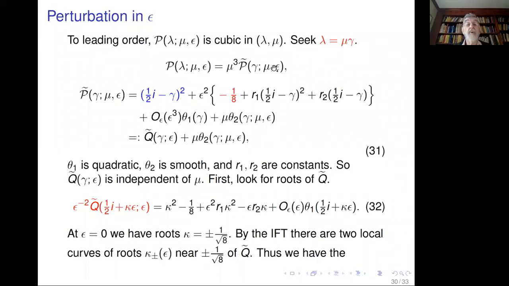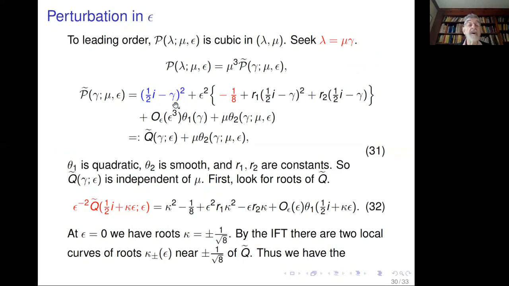Then I can factor this out of the previous expression. You get mu cubed, and then when we don't count the mu, it looks like this. It's the same thing as I wrote before, but I've just done a little bit of scaling. So now we're looking for a gamma in the right half plane.